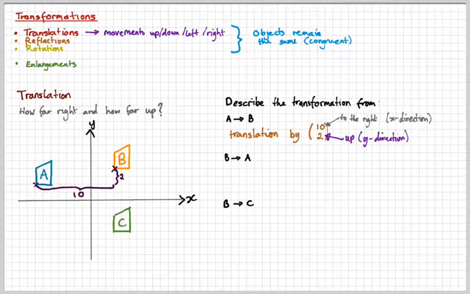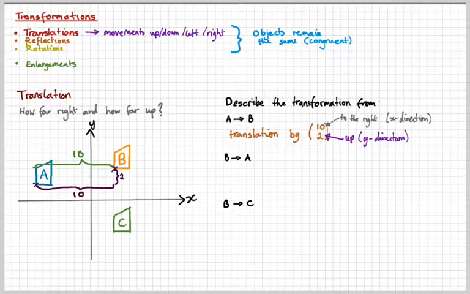Now if you had paused the video, got it wrong, or couldn't remember how to do it, now that we've done one, maybe you can have a look at what the transformation from B to A will be and pause the video now. So B to A. How far right has it gone? Well, it hasn't gone right, it's gone left.